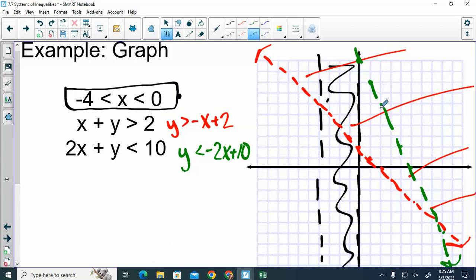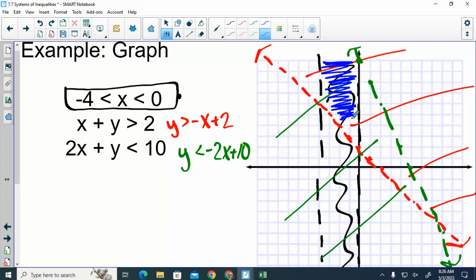And where are we shading with that one? Below. So it's kind of a mess, but can you tell where the overlap is? Right, we did the other day. This region. Right here.